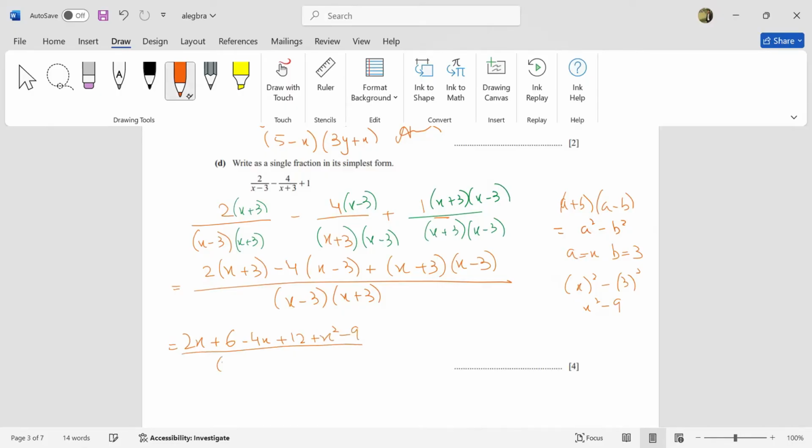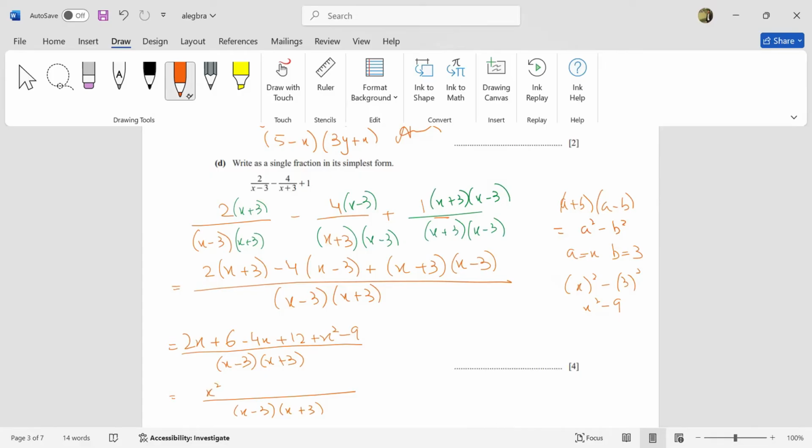Okay. About the single denominator, we can write down in the denominator the same thing, x square minus 9, or we can leave it as is. Both are acceptable, because we just need to simplify the numerator. There isn't any term having x square, so x square remains the same.